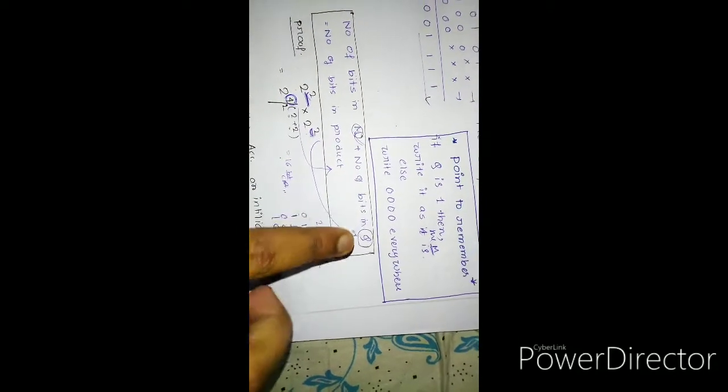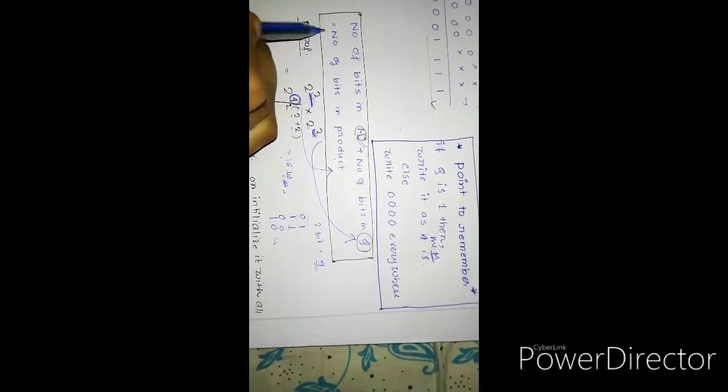Suppose the result comes as 7 bits. If we write a 0 in front, it doesn't make any difference, right? So don't forget that the number of bits in the product may not be the same as this sum, but it will never be greater than this. It may be lesser, but not greater.